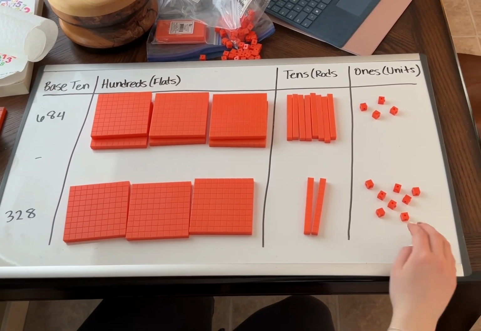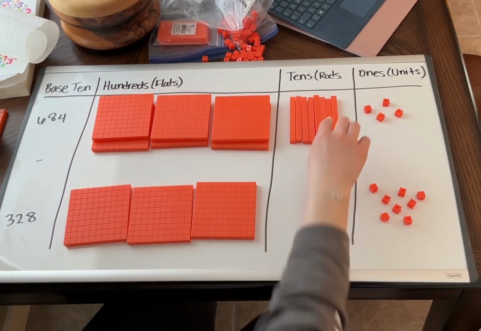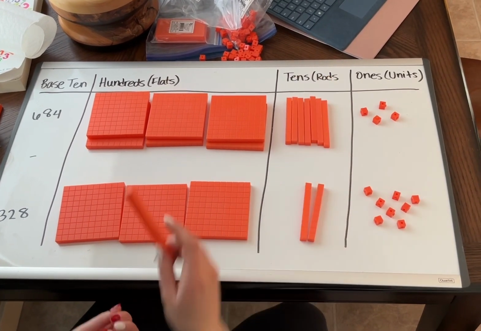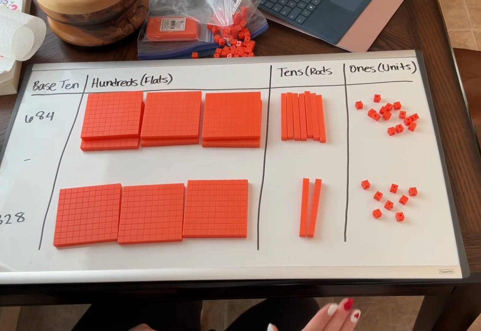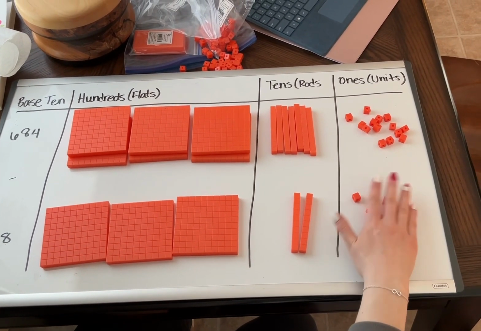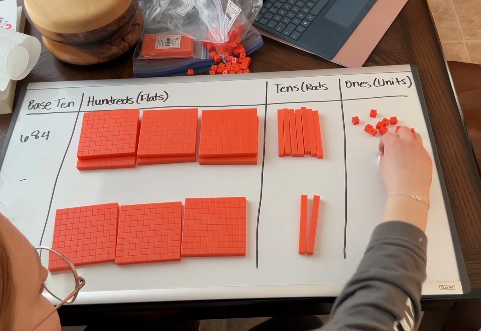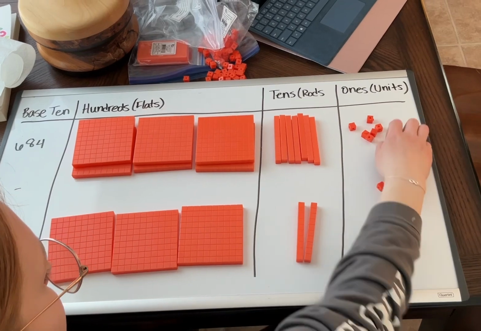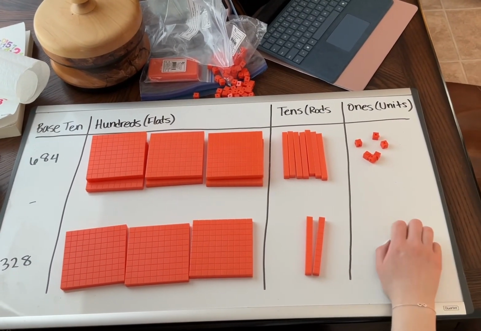I'm going to have to take away these 8, but I only have 4 in the top, so I'm going to trade one of these rods for 10 units. Now I can take away 8 units from the bottom, and then I'll take away the same number from the top. So I'll take away 4 and 8, and I am left with 6.